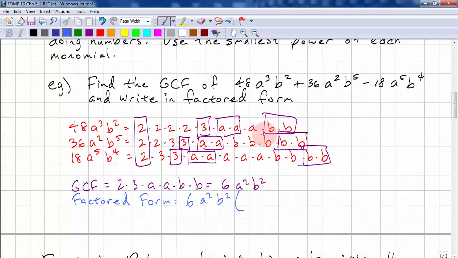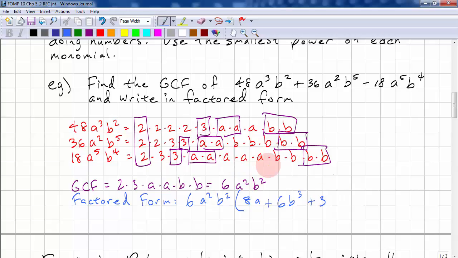And we write what's left over from the first term, that's 8a. And what's left over in the second term, that's 6b cubed. And what's left over in our third term, that's a 3.